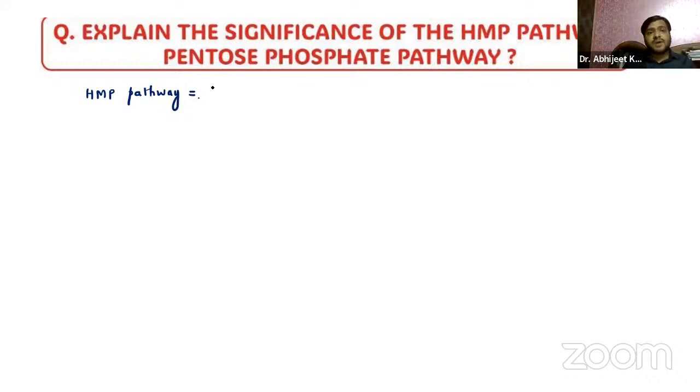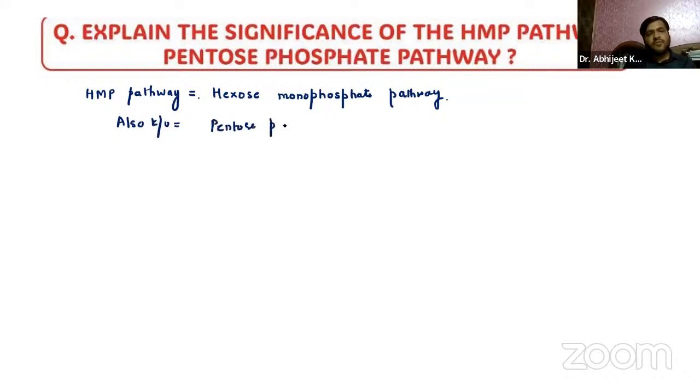So remember, guys, HMP pathway stands for hexose monophosphate pathway. This HMP pathway is also known as the pentose phosphate pathway, or it is also known as the Dickens-Horecker pathway, so write it down like this.